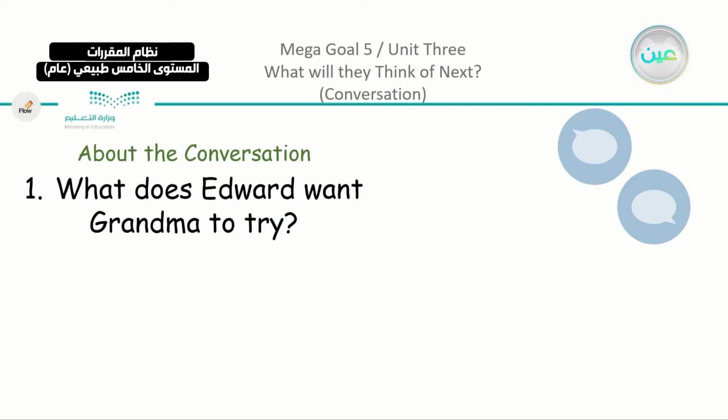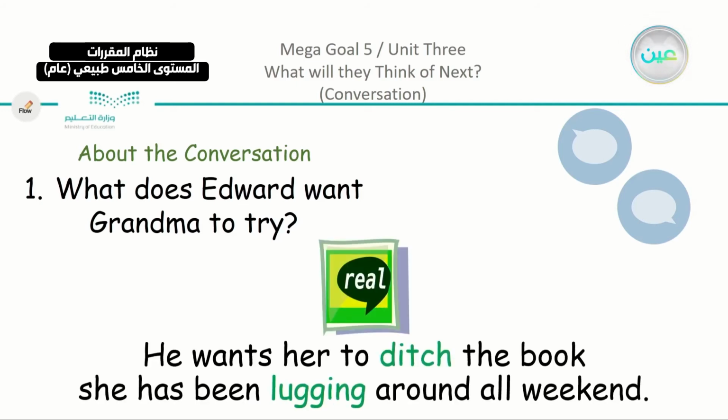So here, the first question that you have about the conversation in your book: what does Edward want Grandma to try? It's obvious that he is a modern type of boy. He wants her to try the kind of electronic books that he is used to. There are some real talk phrases that he used.